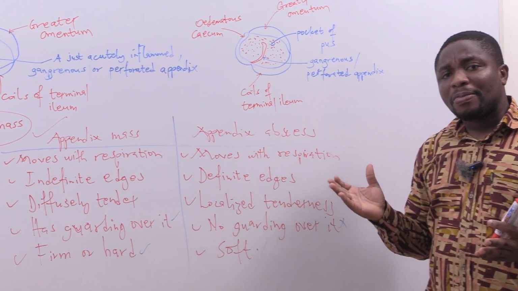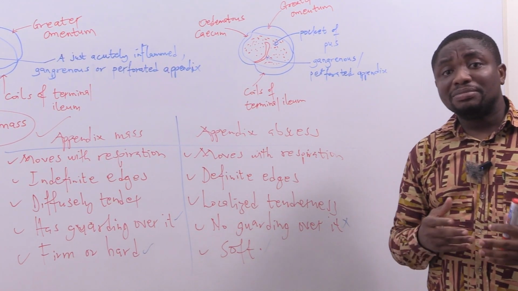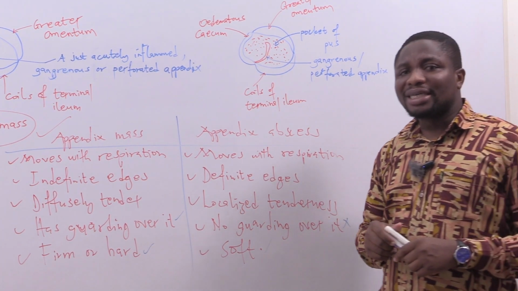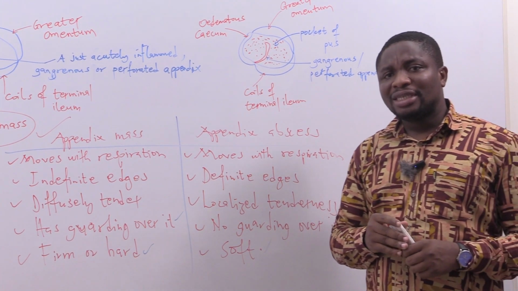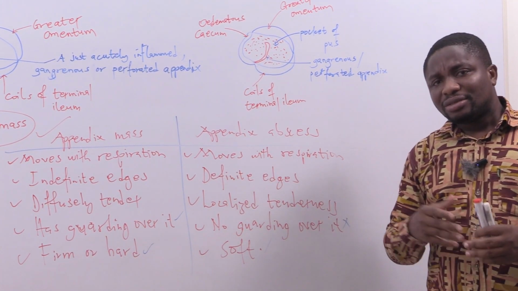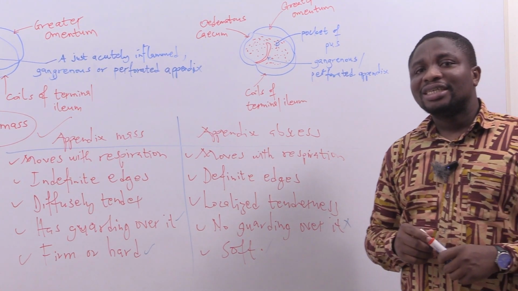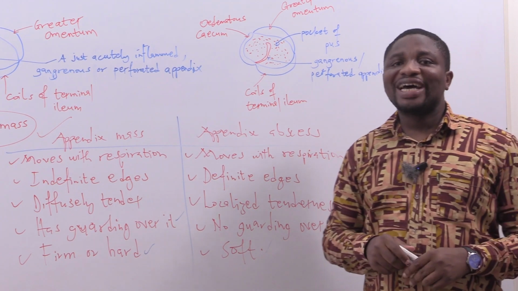If you compare the two, the appendix abscess is more likely to cause peritonitis than appendix mass, meaning the appendix mass would have to develop into appendix abscess first before perforating to cause peritonitis. But for appendix abscess, it just has to perforate and cause peritonitis.